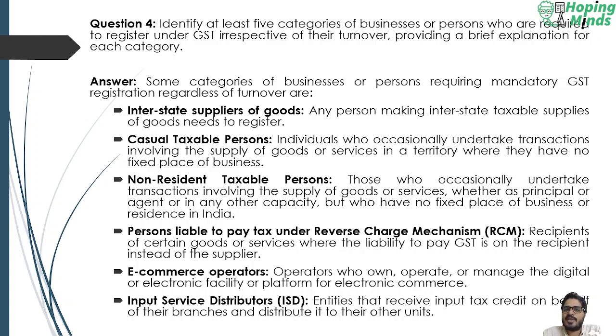So what is reverse charge mechanism? We have already studied about the reverse charge mechanism. It is a situation where the recipient of goods or services is required to discharge the GST liability under the RCM. So, recipients of certain goods or services where the liability to pay GST is on the recipient instead of the supplier.